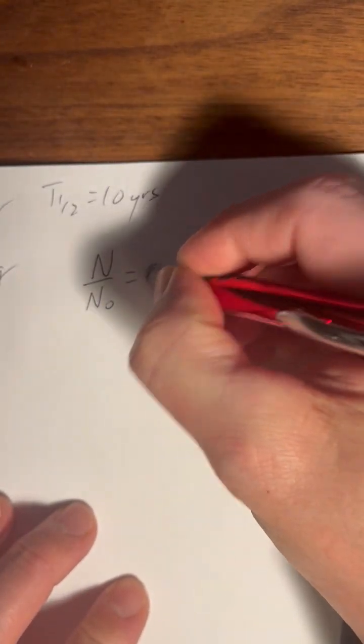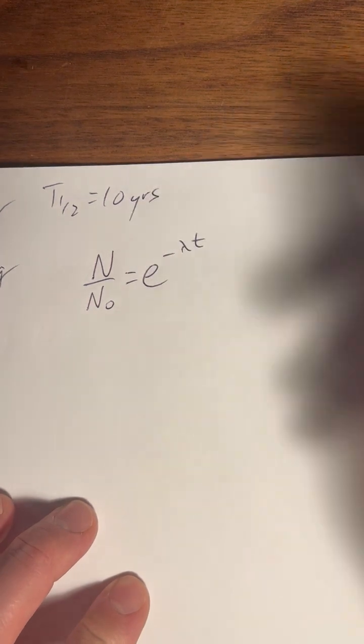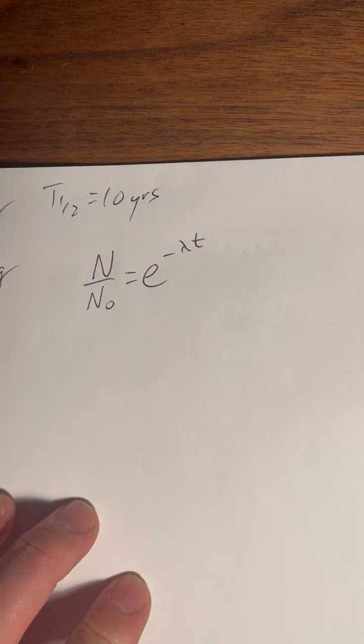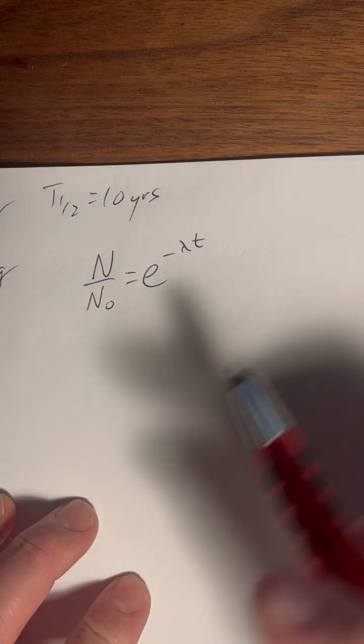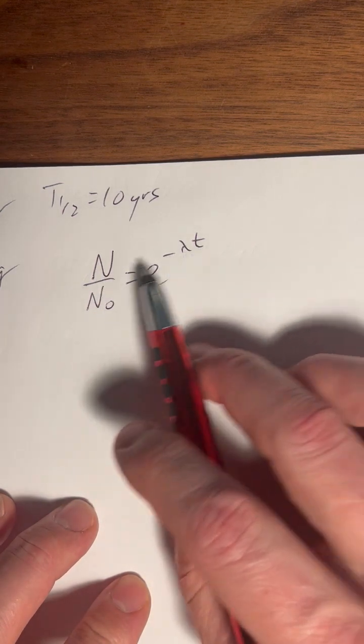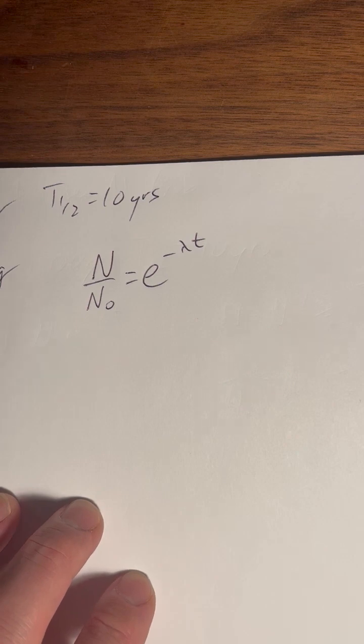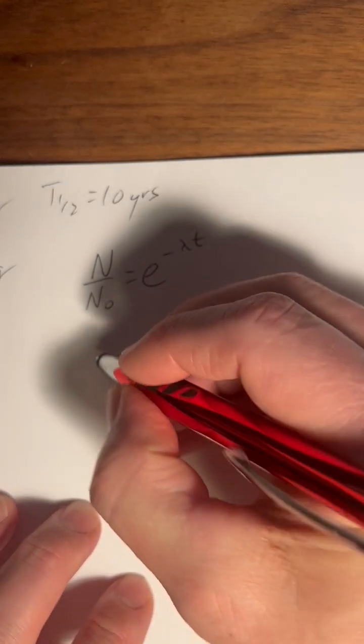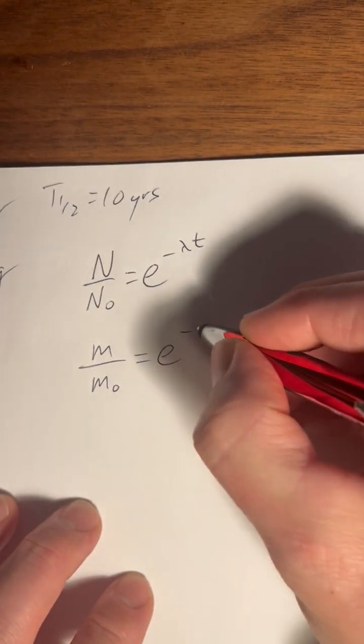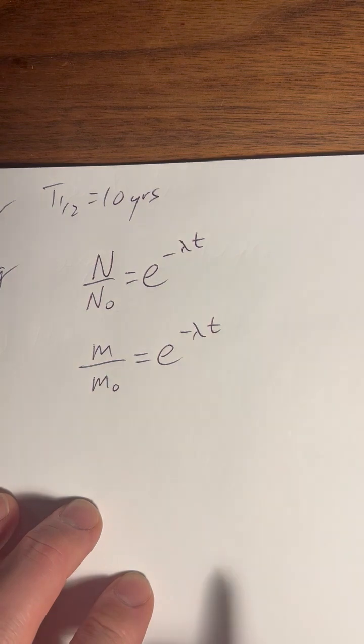But let's just use this as a simple example to test our formula. If N over N naught is equal to e to the negative lambda t, then because our number of nuclei is equal to the fraction of mass, we could also say that the mass over the original mass is equal to this same thing, right?